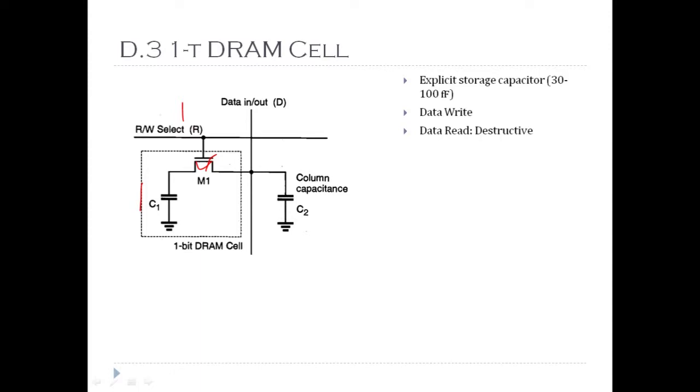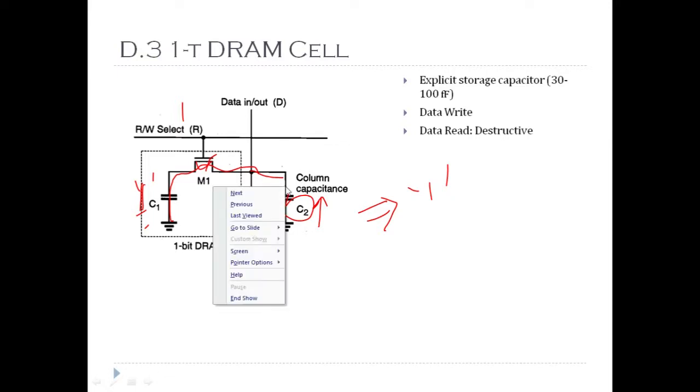Now this transistor is on, so this capacitor discharges through it. As it discharges, the voltage on the column capacitor increases by a very small amount, and this increase is interpreted as logic 1.